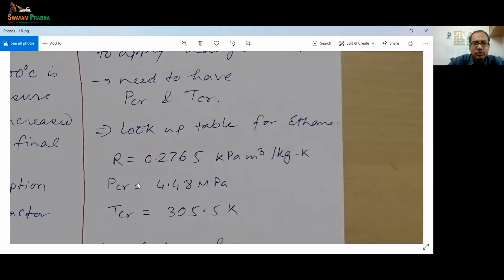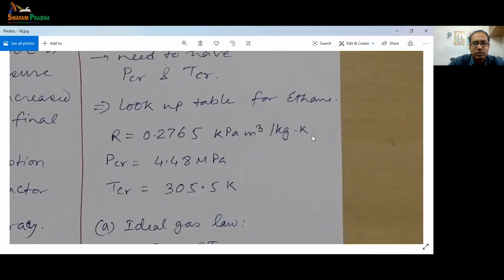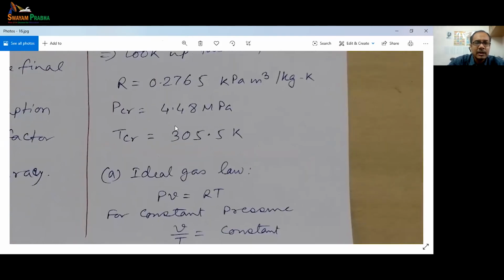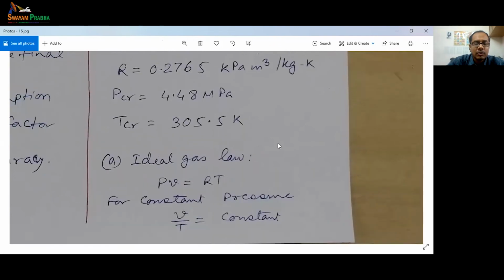So what we have looked up: R is 0.2765 kilopascal meter cube per kg per Kelvin, which is equivalent to kilojoule per kg per Kelvin, the critical point pressure is 4.48 megapascal, and the critical point temperature is 305.5 Kelvin. Now the first part of the problem is to just assume ideal gas.